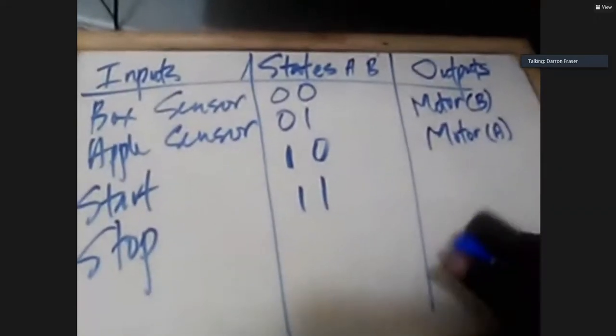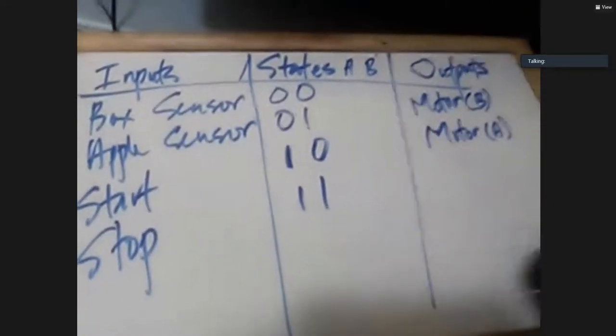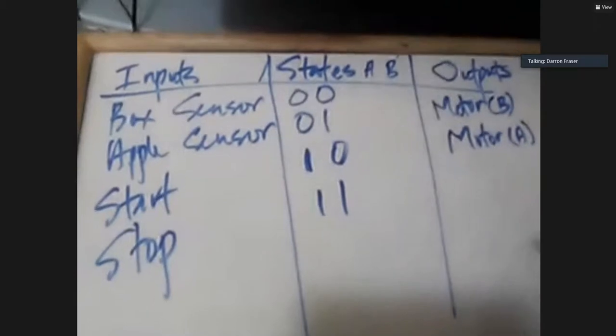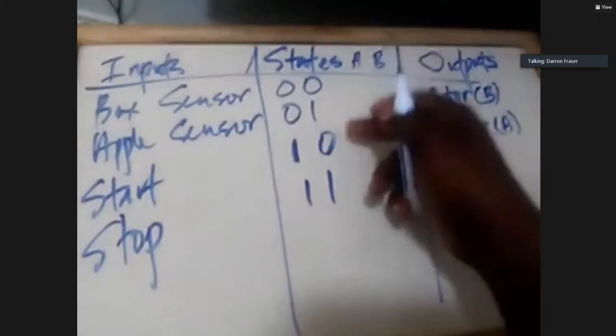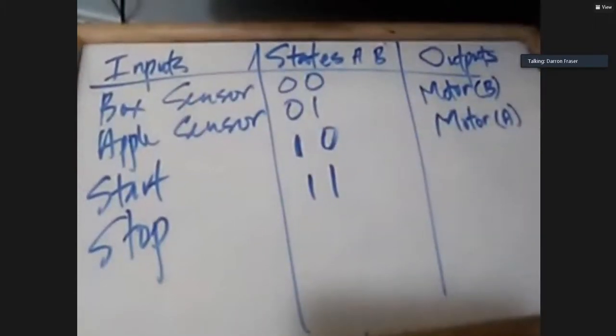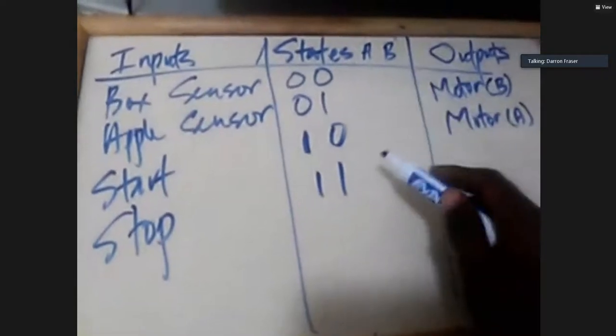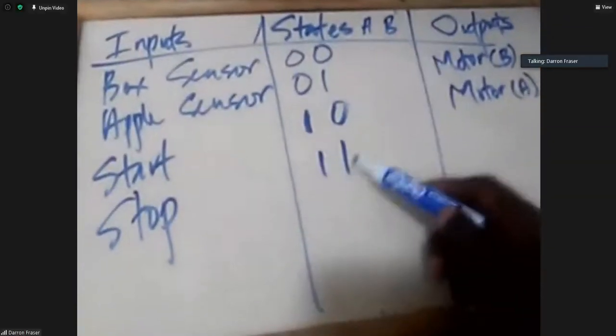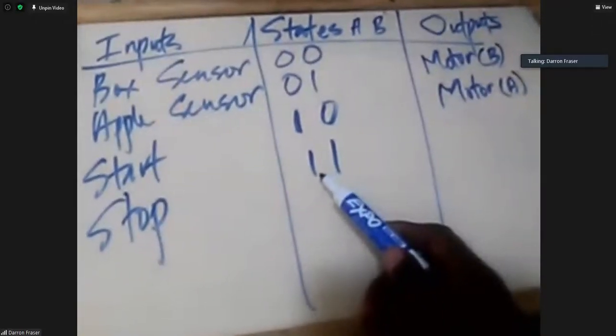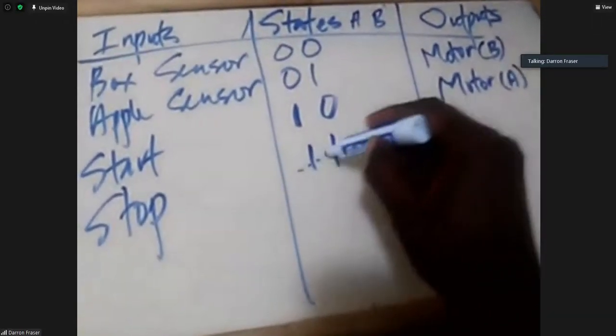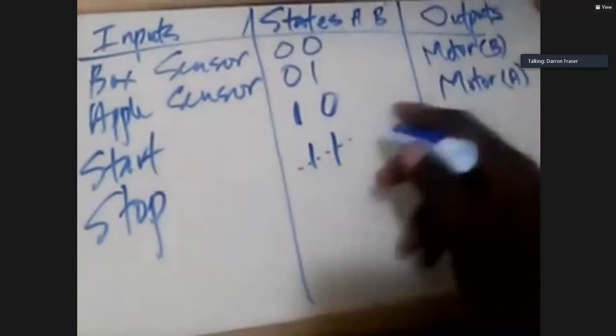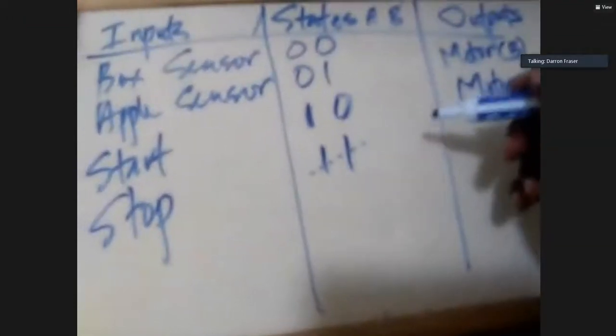So let me go back over here now. So the states of the system are these. And more often than not, if we can put the system states in a pattern like this, like we said, this one here we're not going to use, but we still have it there as a possible state.